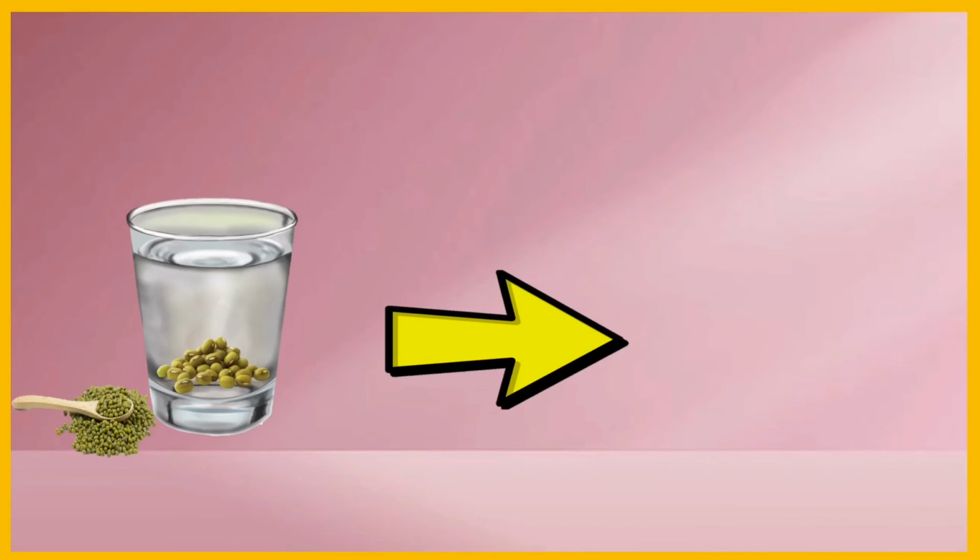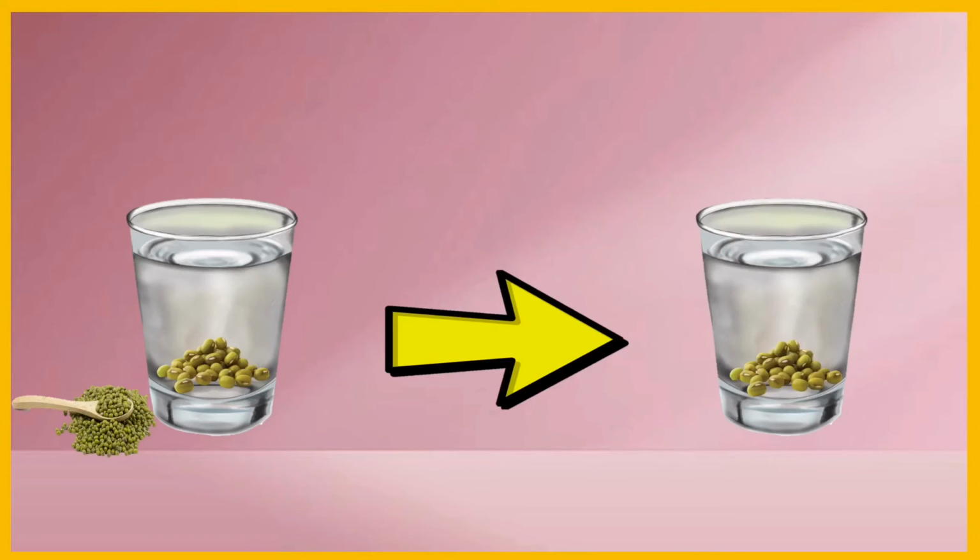Now how about this? Let's try to dissolve these green beans in a glass of water. What will happen to the green bean? As you can see, the green bean stays in the glass.